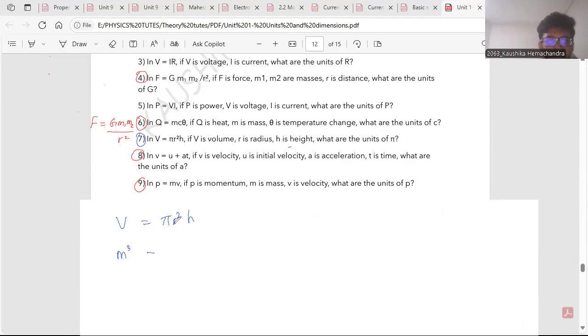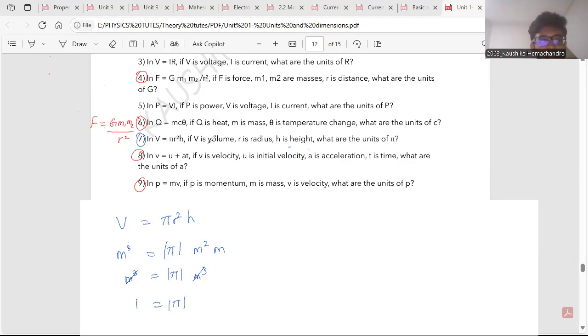R is radius, so that's in meters squared. H is also in meters because it's height. So you get meter cubed is pi into meter cubed. Meter cubed gets cancelled with meter cubed, it's 1. So pi has no units.